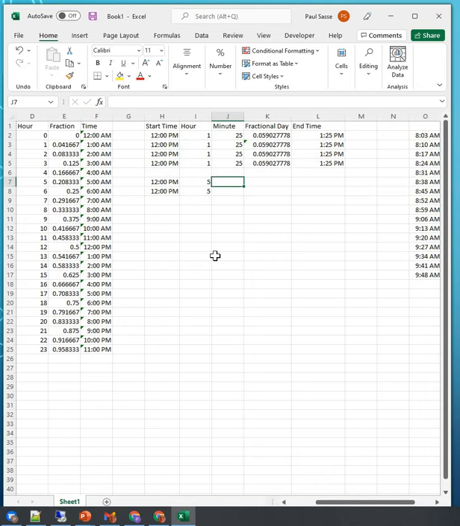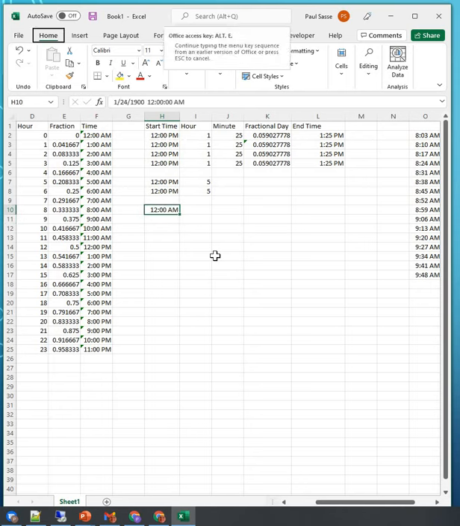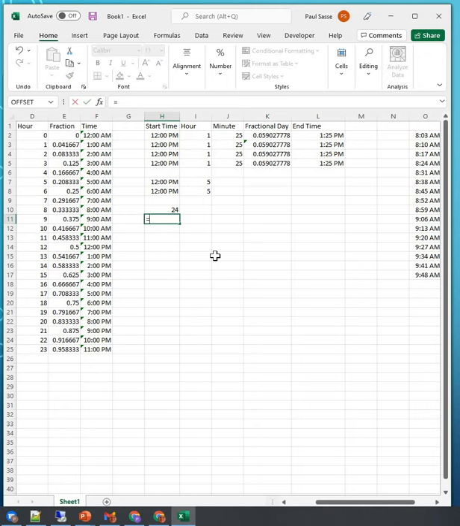There's a couple of values that make doing time calculations really easy. We know how many hours are in a day, right? We know there are 24 hours in a day. If you take that times 60, times 60, we know there's 1,440 minutes in a day.